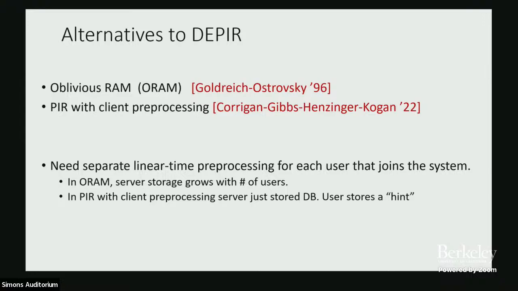Like every time a new user wants to do a Google search, Google would need to preprocess the internet for that user. In ORAM, it would also have to store a separate data structure for each user. In PIR with client-side preprocessing, it's not the case. It would just store the original data, but it would still have to do the linear time work of preprocessing the internet for that user, and the user would store some hint about this preprocessing.